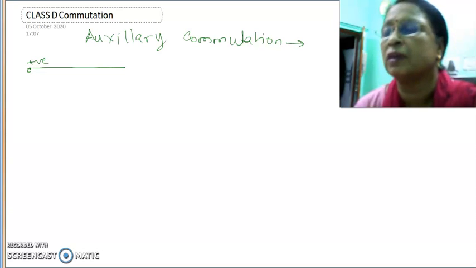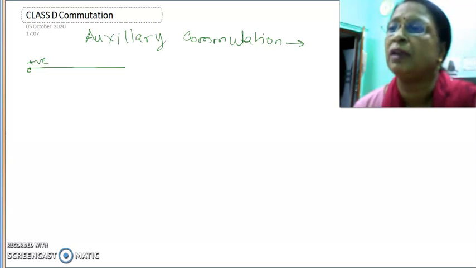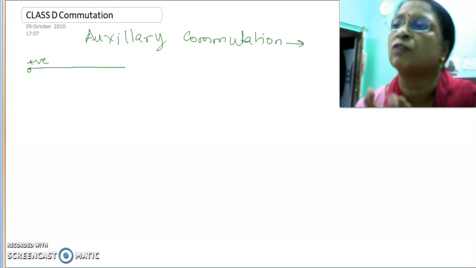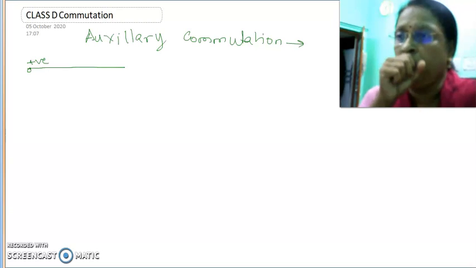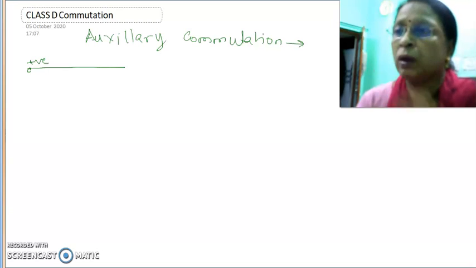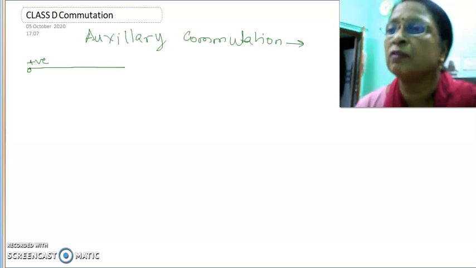And in the first commutation method, it is applicable only for DC circuits, and we are giving this DC supply only, and this SCR is commutated by means of the commutating components, inductor and capacitor.